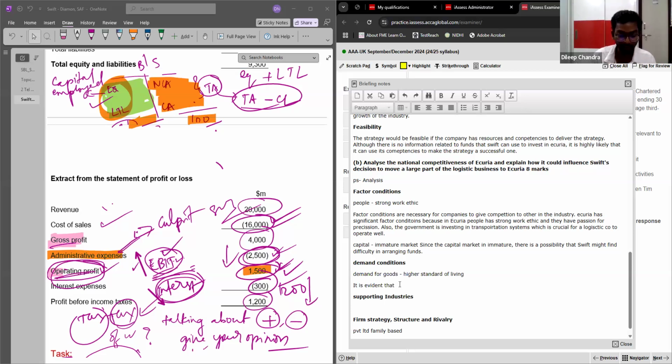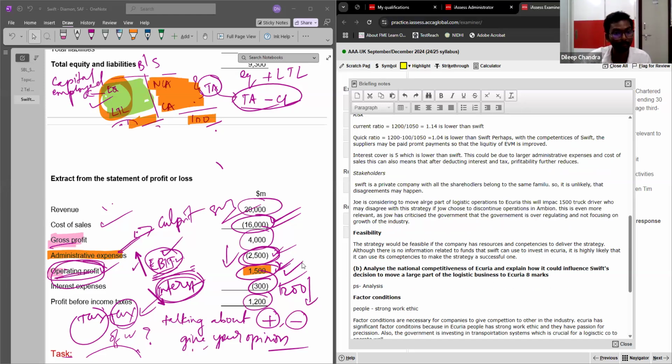It is evident that there is a higher standard of living and increased demand for goods in ACCA.